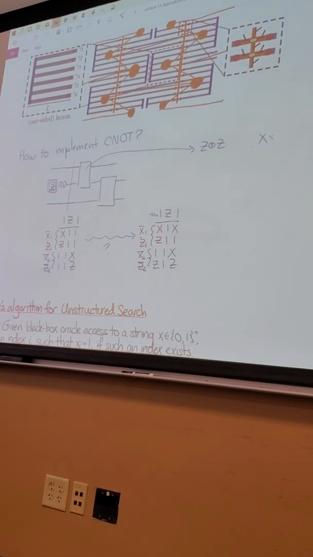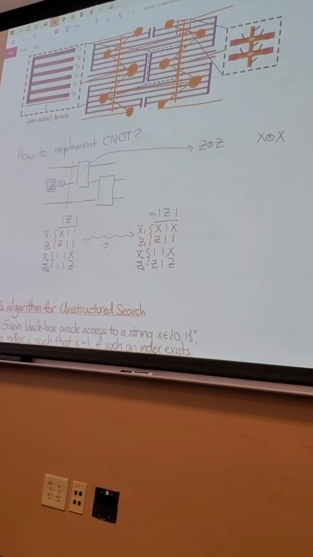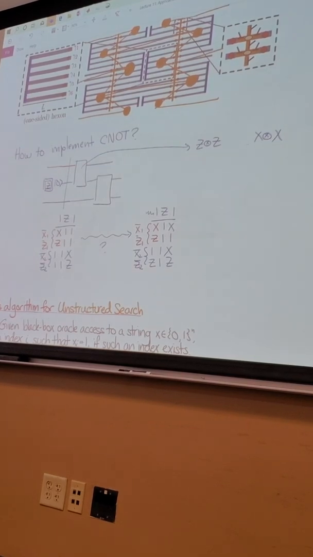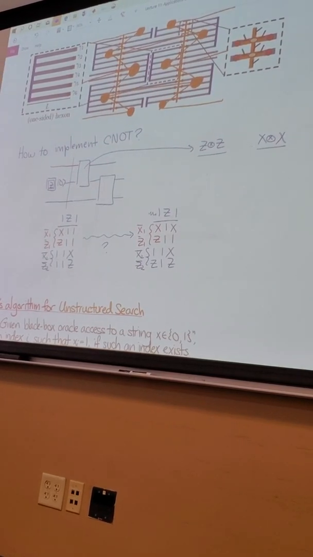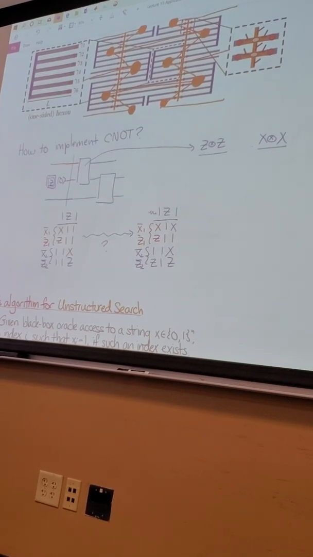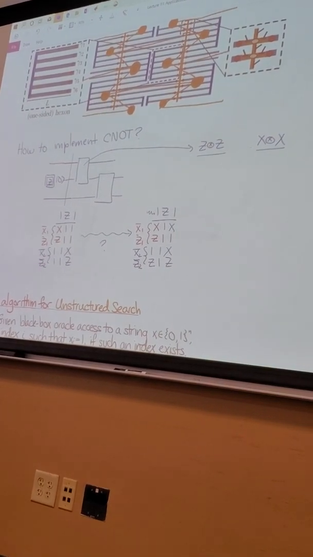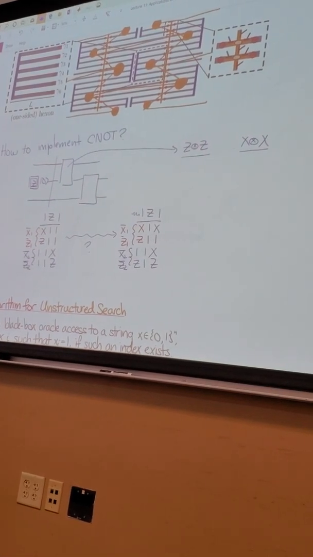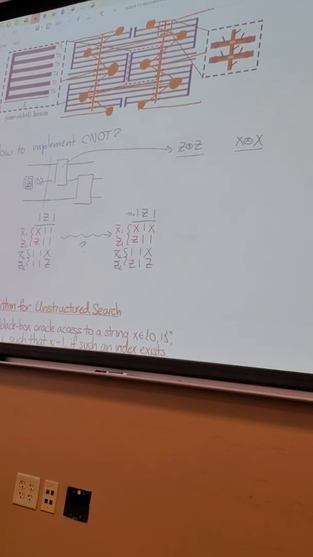Or should it be X tensor X? Or it could be some fancy combination, but these are the simplest measurements. Okay, so how many votes for Z tensor Z? Well, so which should we try?